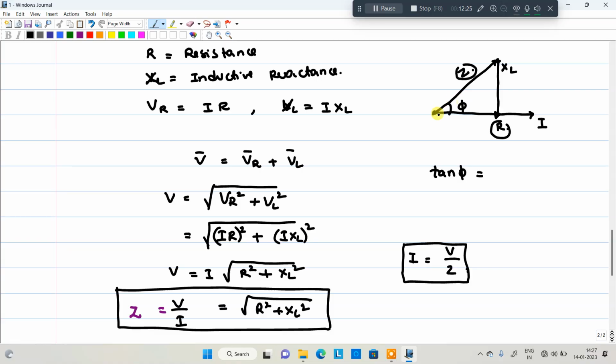Tan phi is nothing but opposite divided by adjacent, XL by R. Clear? Everyone note down these formulas.